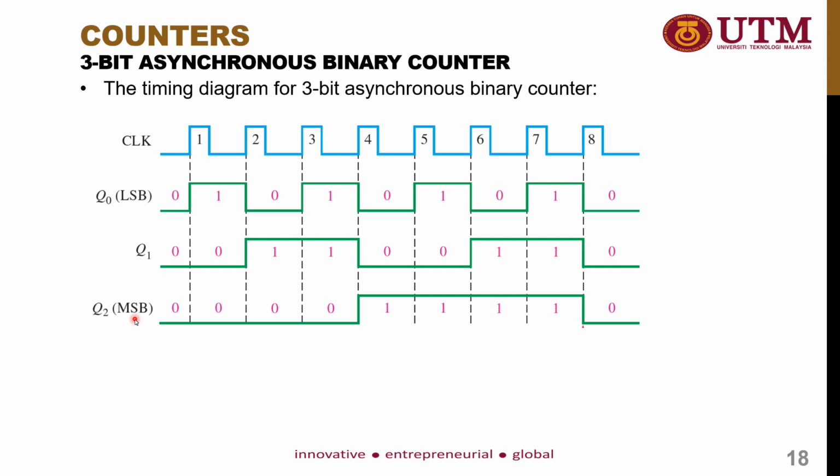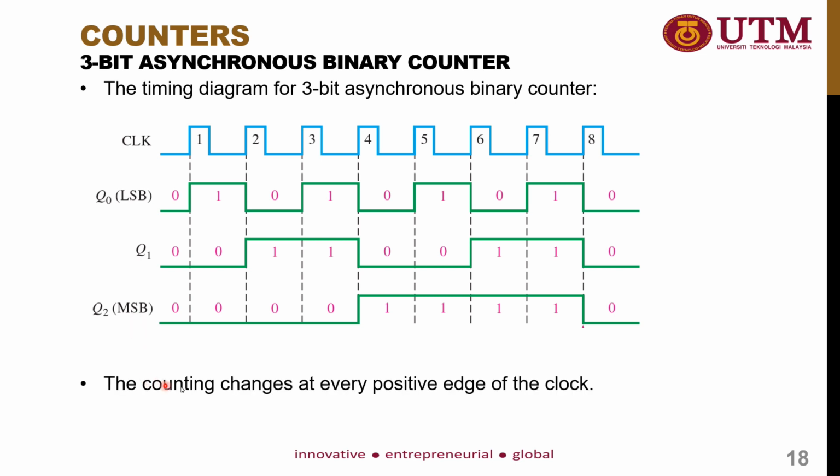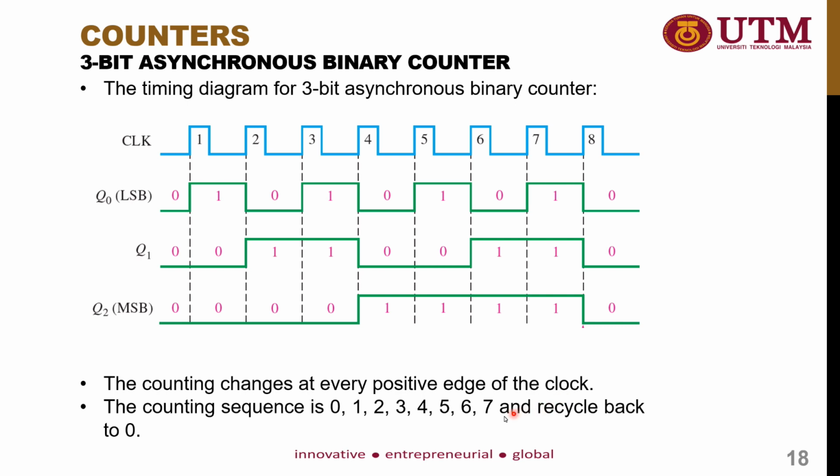Okay, so this time you can count a total of 8 different counts. The counting changes at every positive edge of the clock, similar to the previous example, and the counting sequence is 0 1 2 3 4 5 6 and 7, and then it will recycle back to a count of 0.